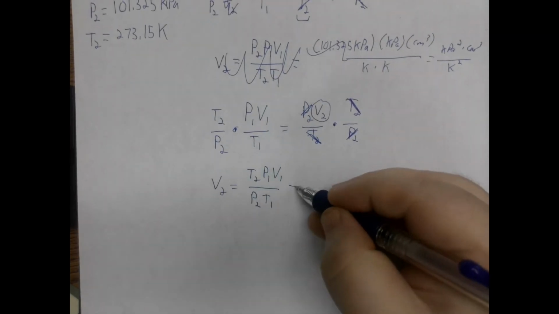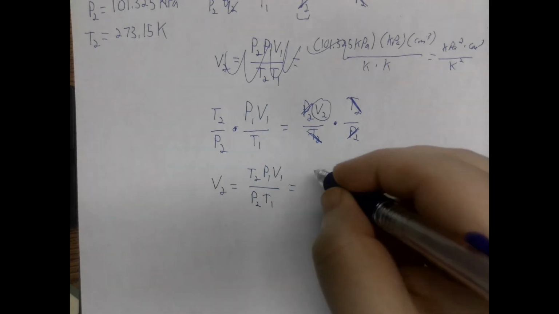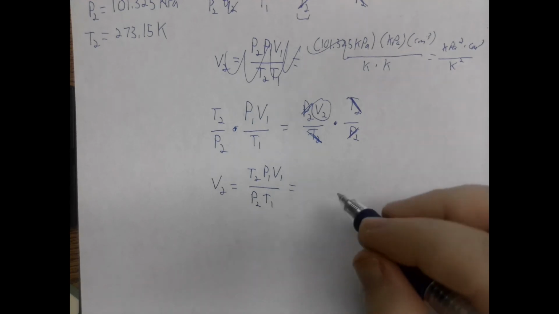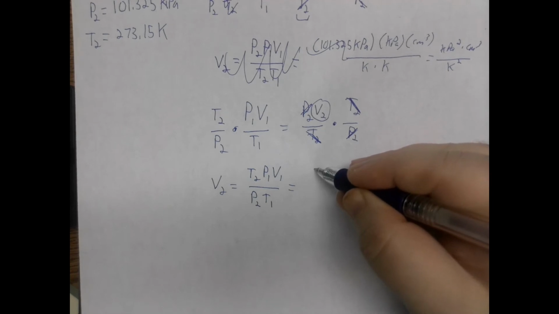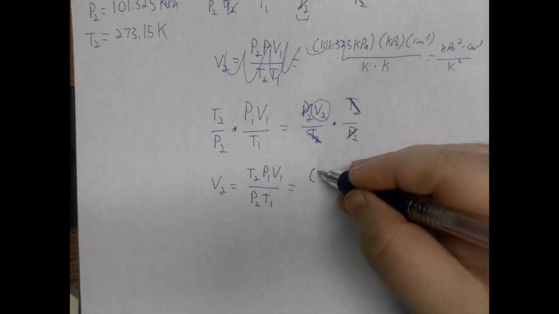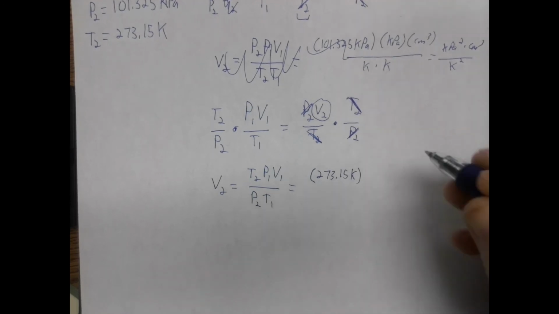Now, whenever I come in here with my equation, regardless of if you did the algebra right, if you plug in all these values correctly and you write units, if they cancel out, you're guaranteed to get the correct answer. So temperature 2 was 273.15 Kelvin.